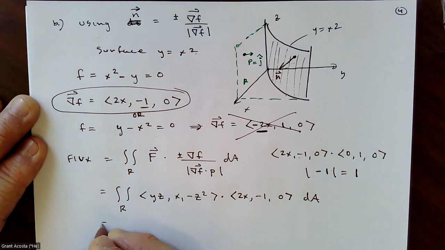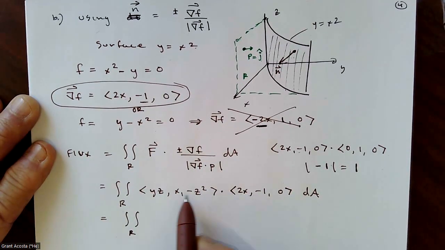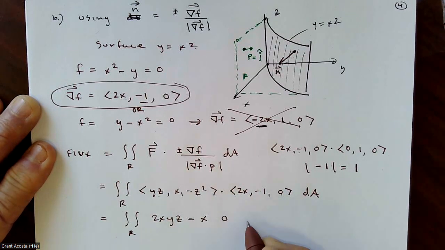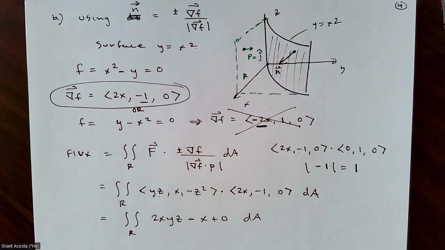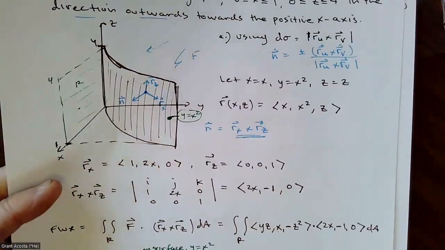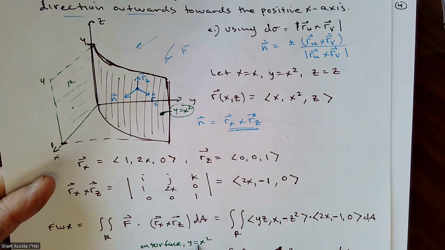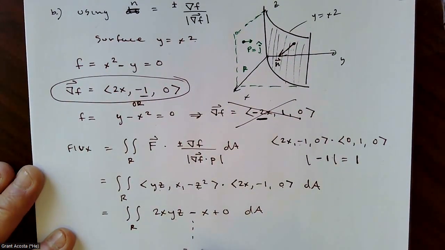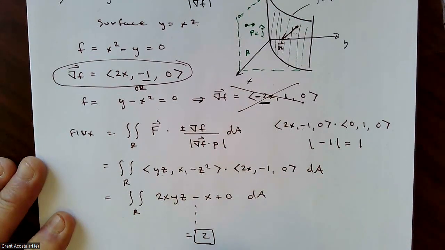And if I work that out, I get 2xyz minus x, and then 0, dA. And if you recall from what we just did, here it is. Yes, we can do the same thing. We're in the same spot here. You could replace that y with x squared since we're on the surface. This is the same exact integral we came up with before. So this is going to be 2.